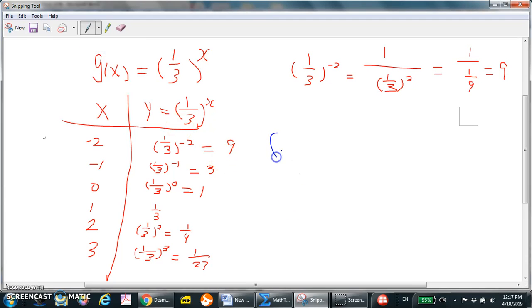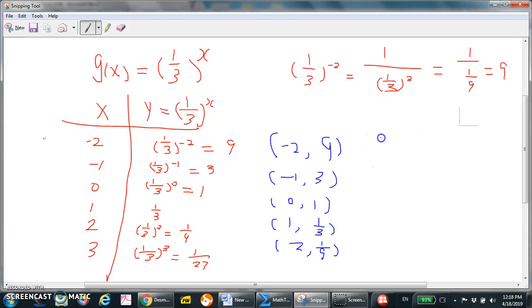So now I have found these points: (-2, 9), (-1, 3), (0, 1), (1, 1/3), (2, 1/9), and (3, 1/27).